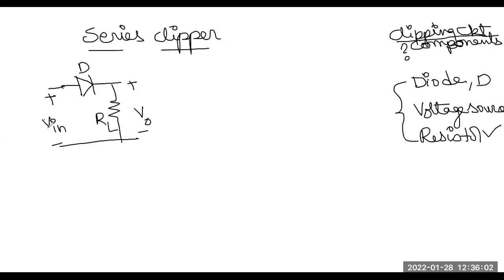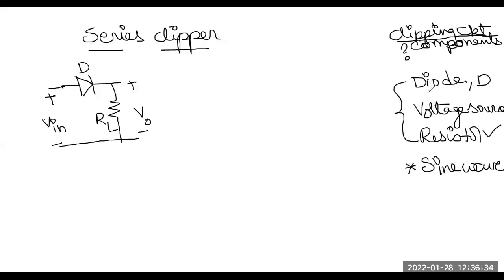Now we said that in series we have positive and negative clippers. How do we decide whether this circuit is a positive series clipper or a negative series clipper? Let us see by understanding how this circuit works. Remember, in clipping circuits the input we give is always a sine wave. You can also use a square wave, but to understand easily and clearly, we use a sine wave as the input waveform.